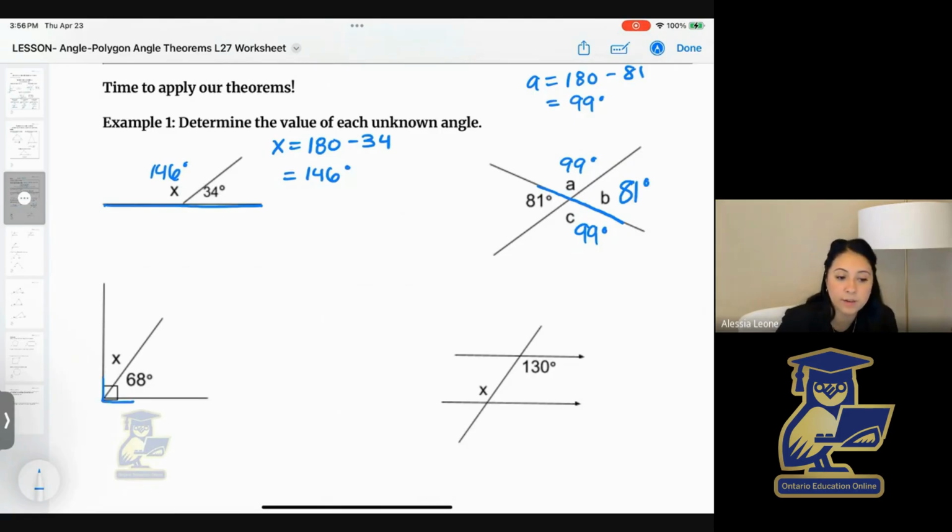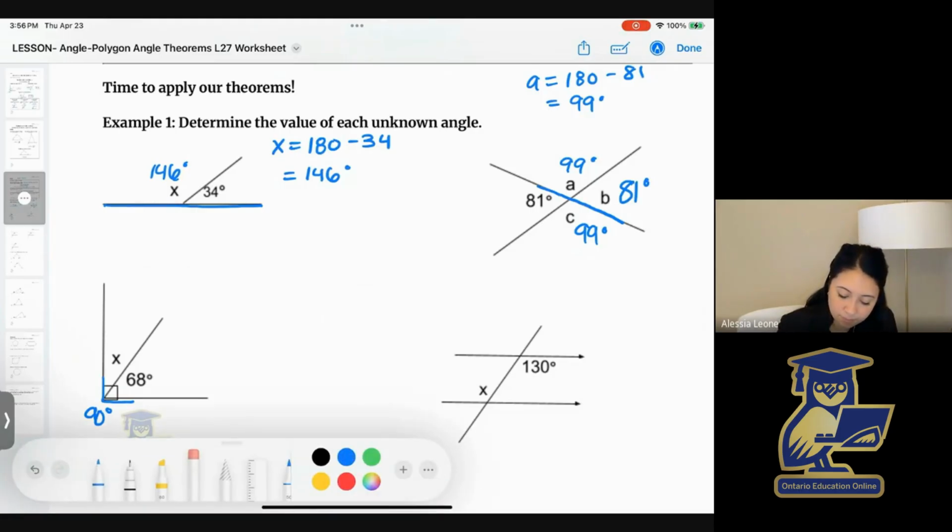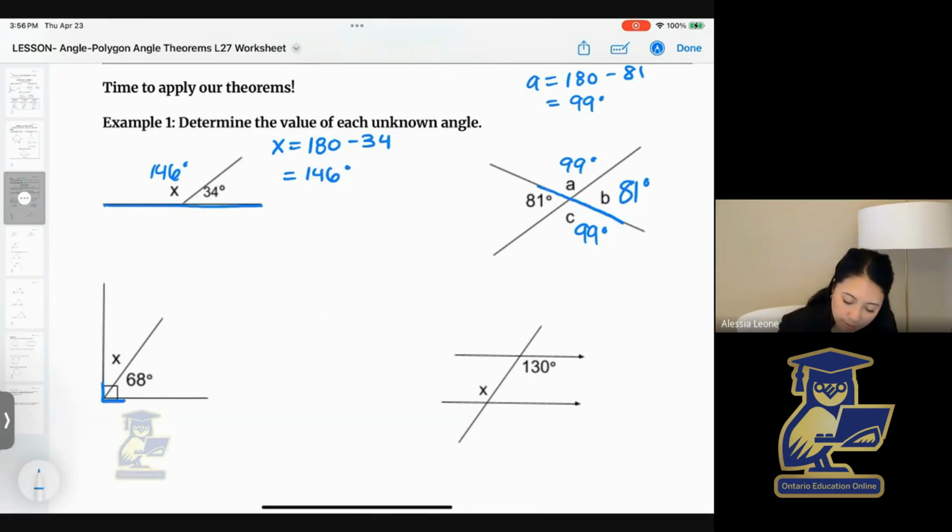That little box there in the corner is telling us it's 90 degrees. To find x, we will have to do 90 take away 68. So x is 22 degrees.